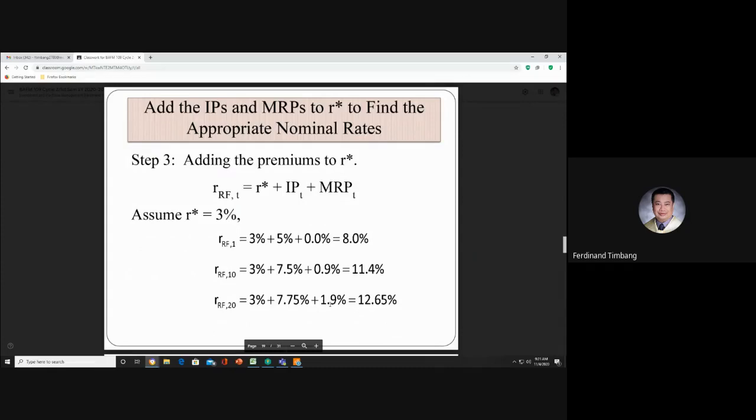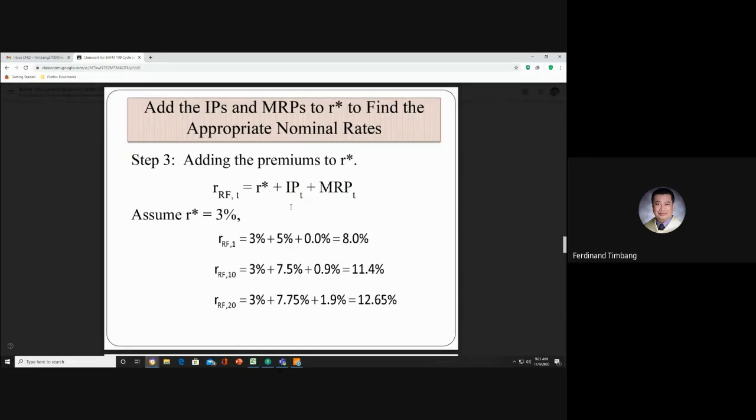Kaya ibig sabihin nun, yung nominal rate, which is the risk-free rate for 1 year, will be 8%. Tapos kung for 10 years, 11.4%, and then the other one is 12.65%. Okay, kaya lumalabas, ito na siya.